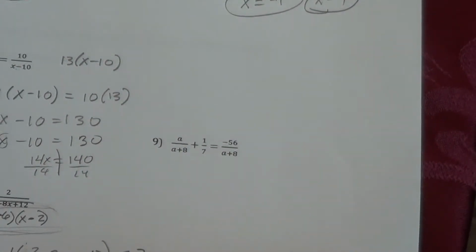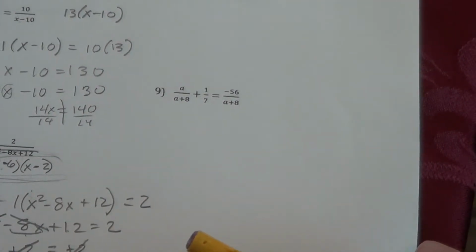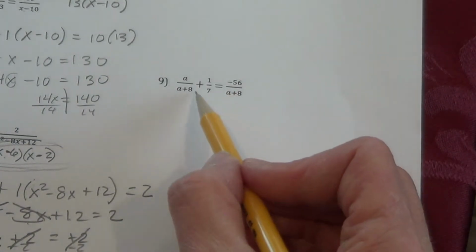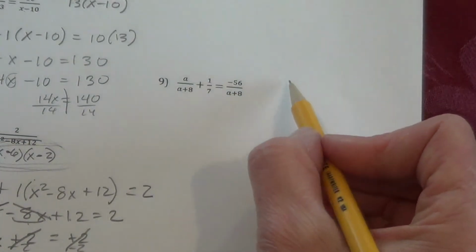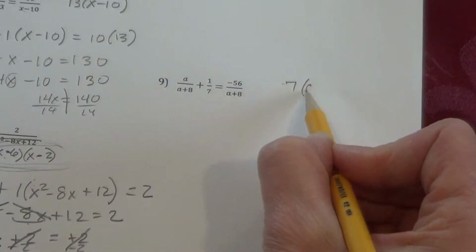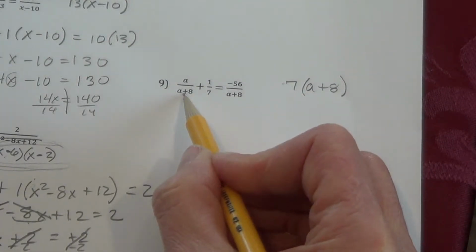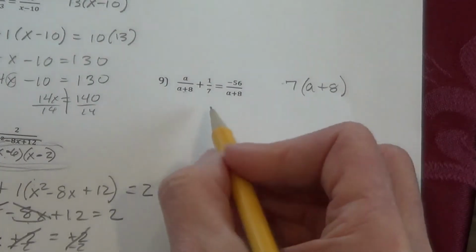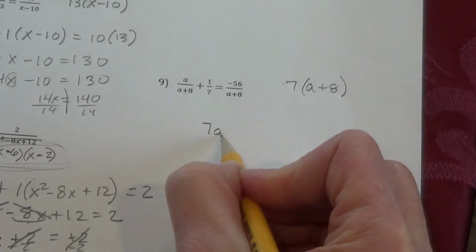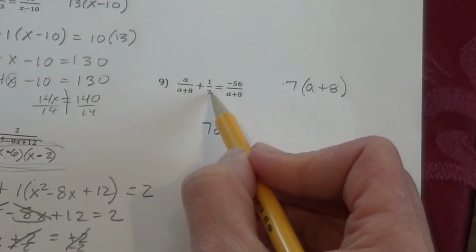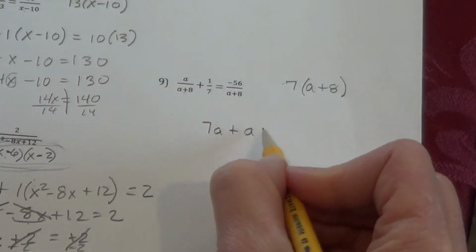Okay. Next problem. We see the lowest common denominator would be 7 times a plus 8. And I multiply it by this first fraction. The a plus 8's would reduce, so I'd have 7a. In the second fraction, the 7's would reduce, so I would have a plus 8.